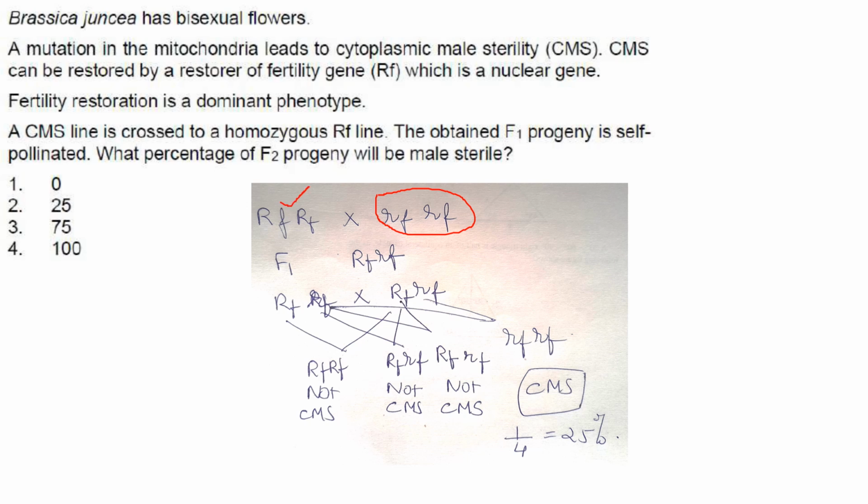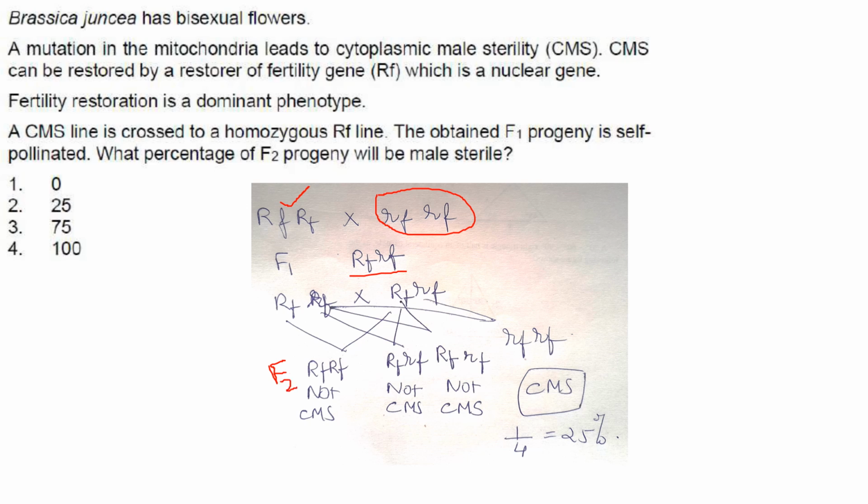The obtained F1 progeny is self-pollinated, that is, F1 upon selfing gives you the F2 progeny. So this is the selfing process, and these are the F2 individual progeny that you get.